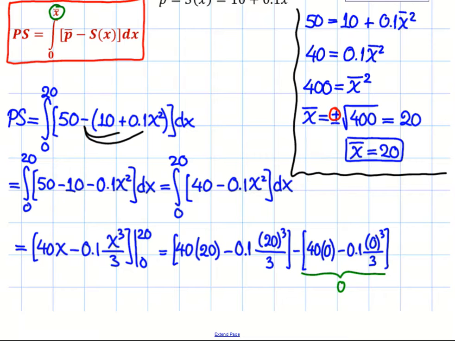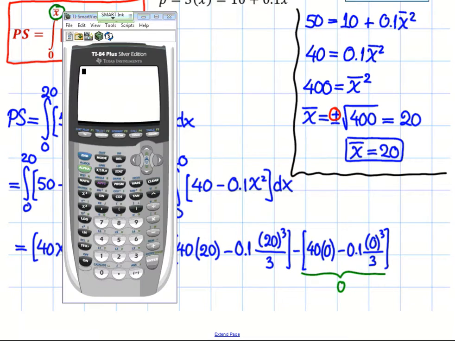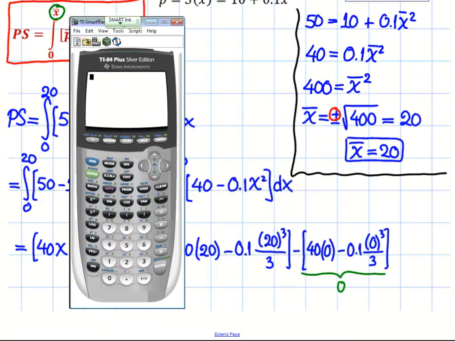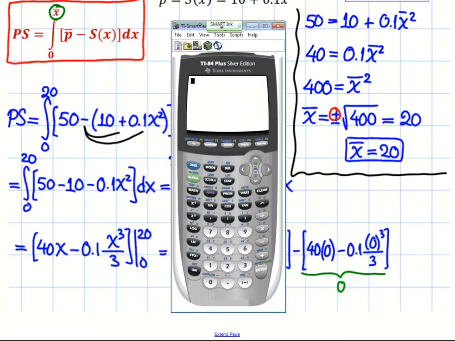Let's bring the calculator up. The best way to use a calculator is to substitute in 20 for x. We store 20 into x. This will be better than entering the numbers individually.